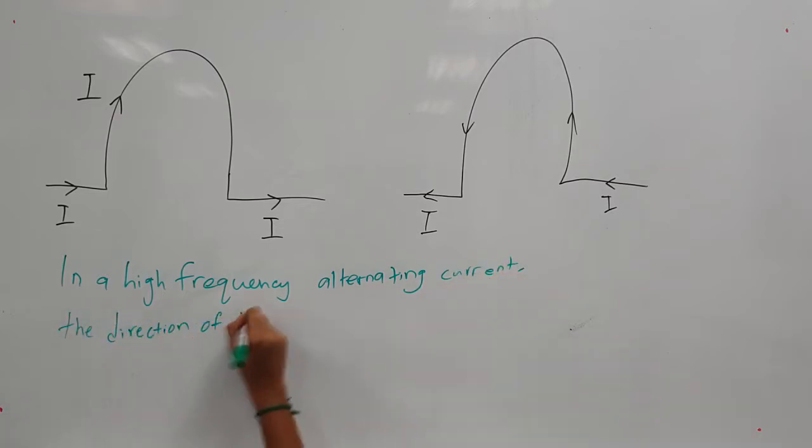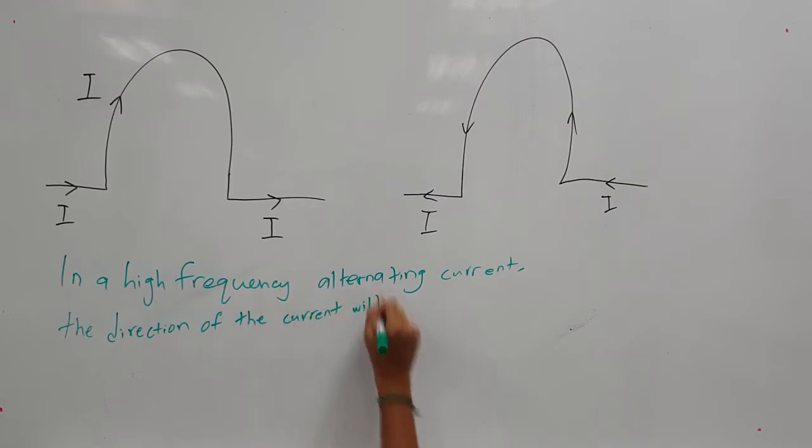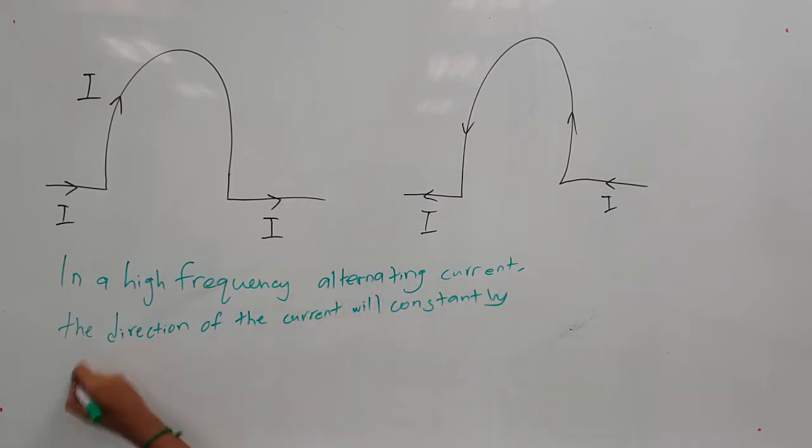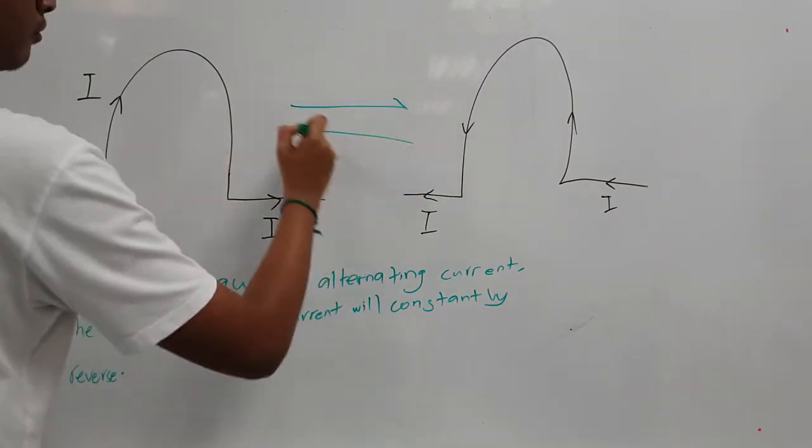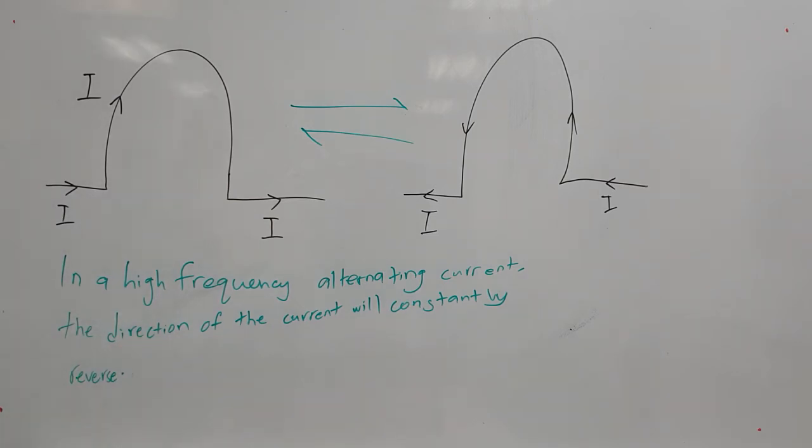Therefore, we can establish that the direction of the current and the direction of the magnetic field will continuously reverse between these two directions as shown in the loops of wire.